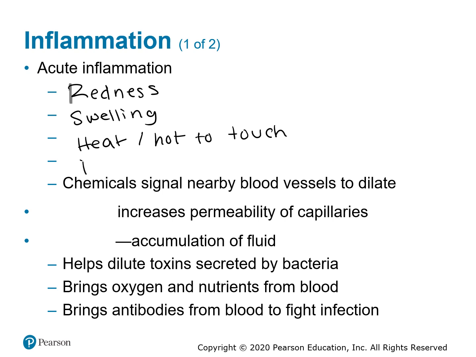You slice your arm, it's going to hurt. It's going to get red, it's going to swell, it's going to be warm to the touch. Why? Because when that tissue gets damaged, the cells start sending chemical messengers to the rest of the body and nearby blood vessels.